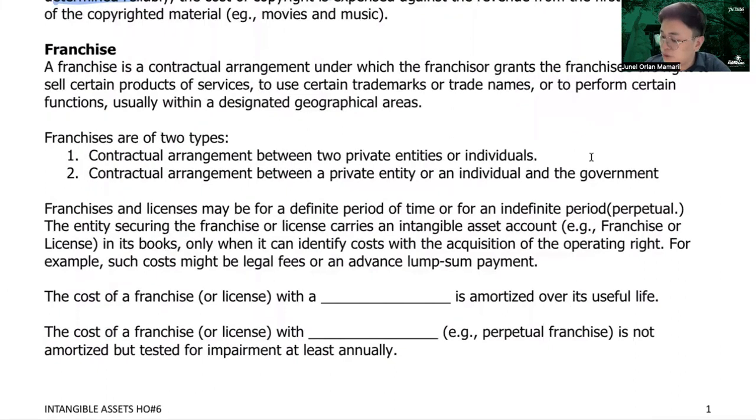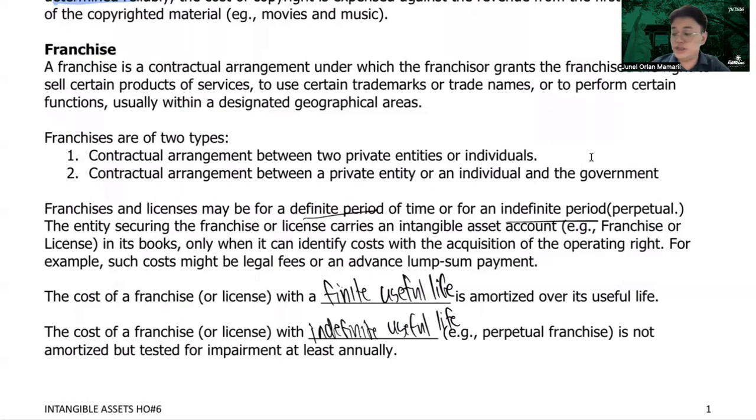So pwede daw definite period of time or indefinite period. Okay? All right. So the cost of a franchise with a finite useful life is amortized over its useful life. But the cost of a franchise with an indefinite useful life is not amortized but rather tested for impairment at least annually.